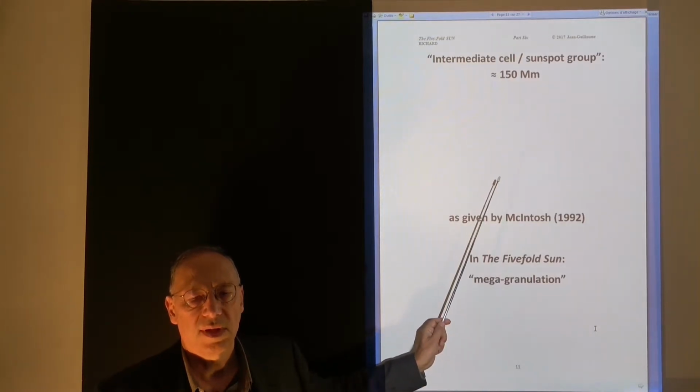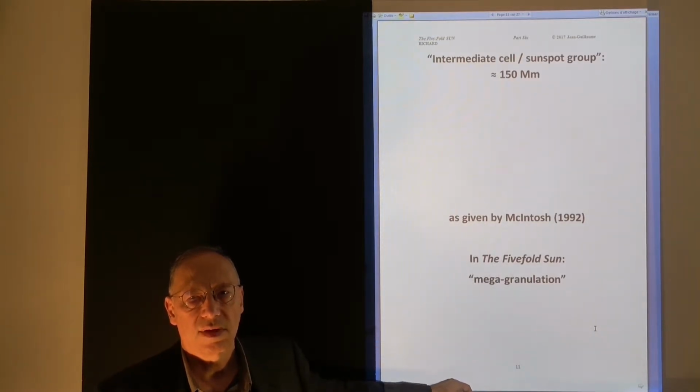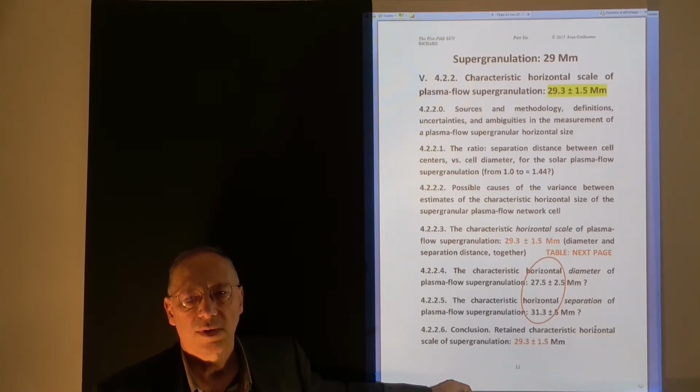Then the intermediate cell, a typical sunspot group according to McIntosh in 1992, is 150 megameters. Supergranulation is often given as 30 megameters.